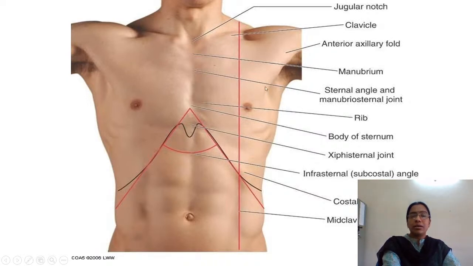It is the space present between the upper part of your humerus and the medial wall. So this is the anterior axillary fold, posterior axillary fold, medial wall, and this is the lateral wall. These are the surface landmarks of the pectoral region.